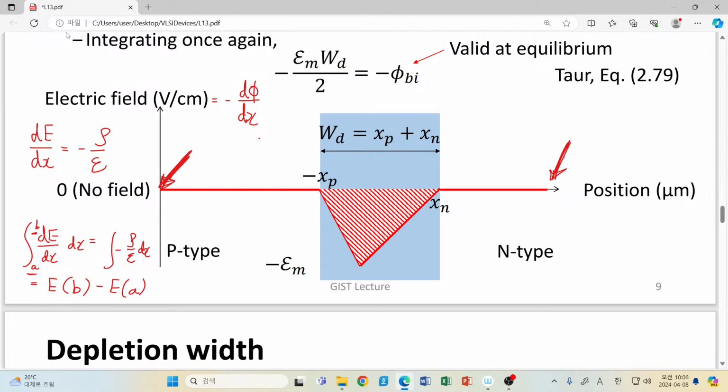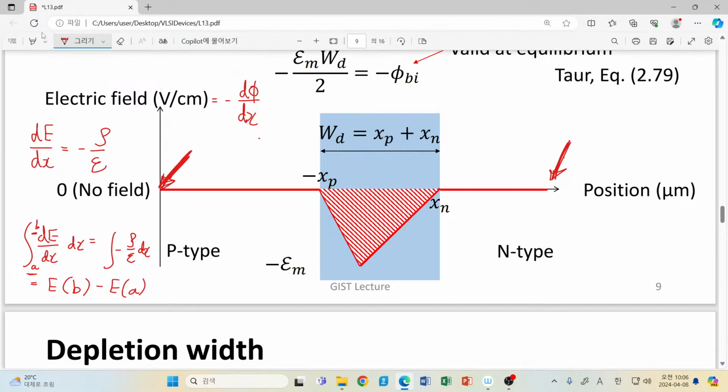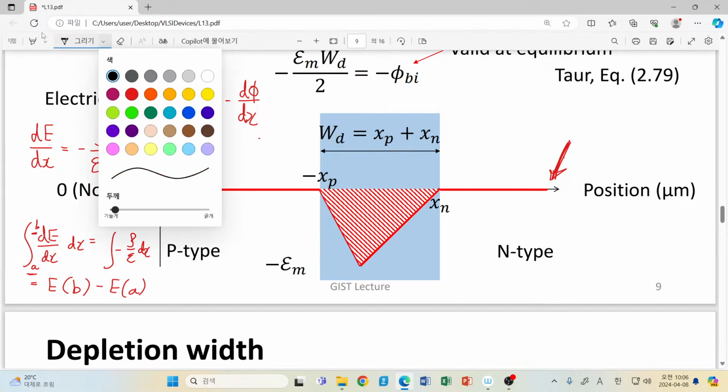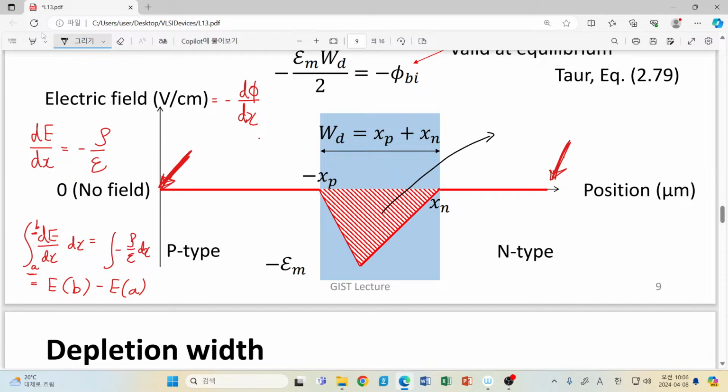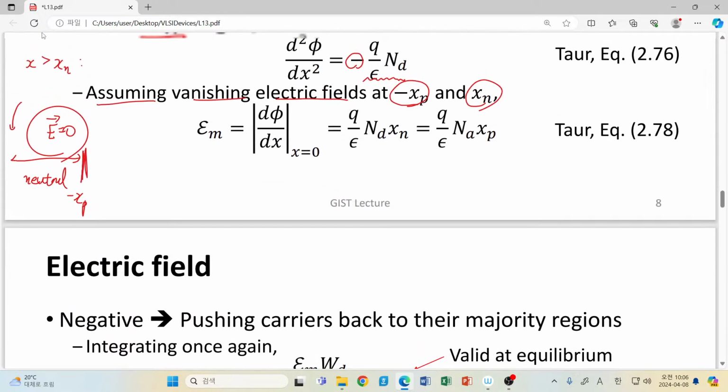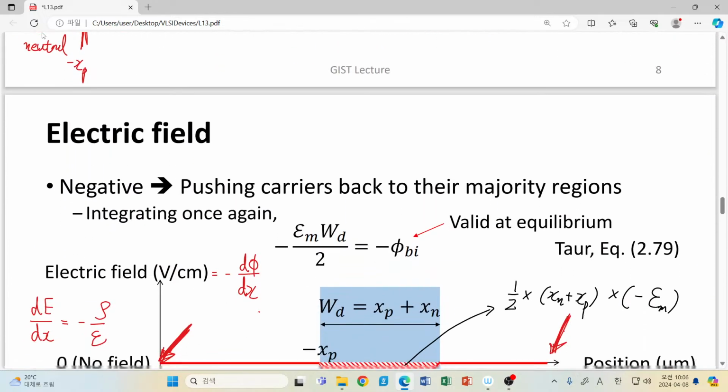Then what is the result of this integration? It is quite obvious that the area corresponds to the result of integration, and this area is simply given by half times (xn plus xp) times the maximum electric field. This is the maximum electric field we calculated in our previous slide.